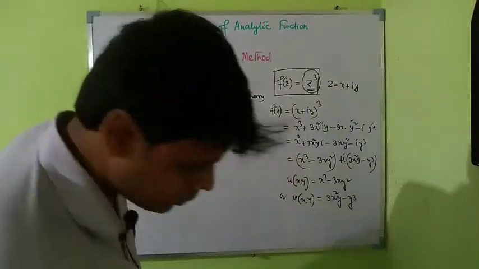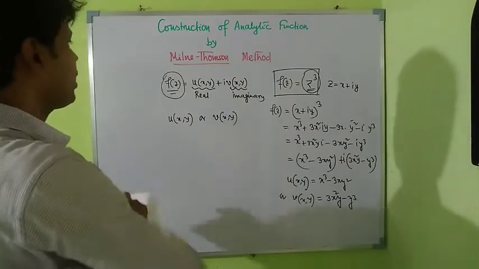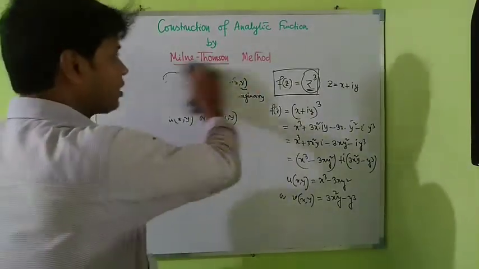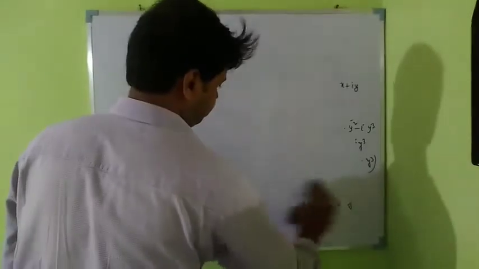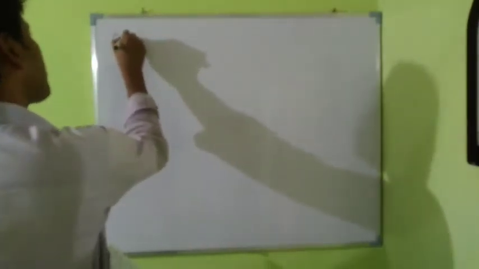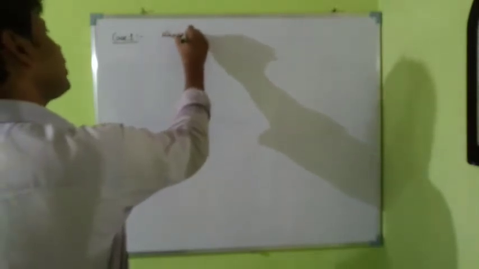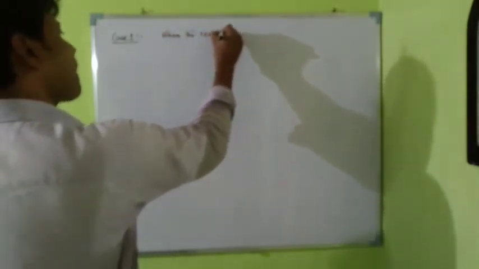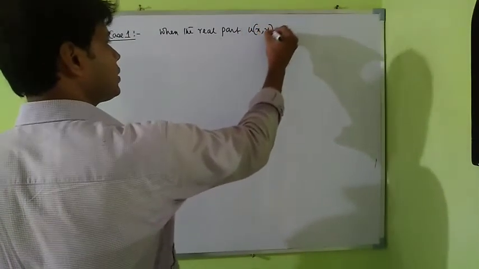So, how can I find this analytic function? Let us start. Case 1, when the real part u(x,y) is given.